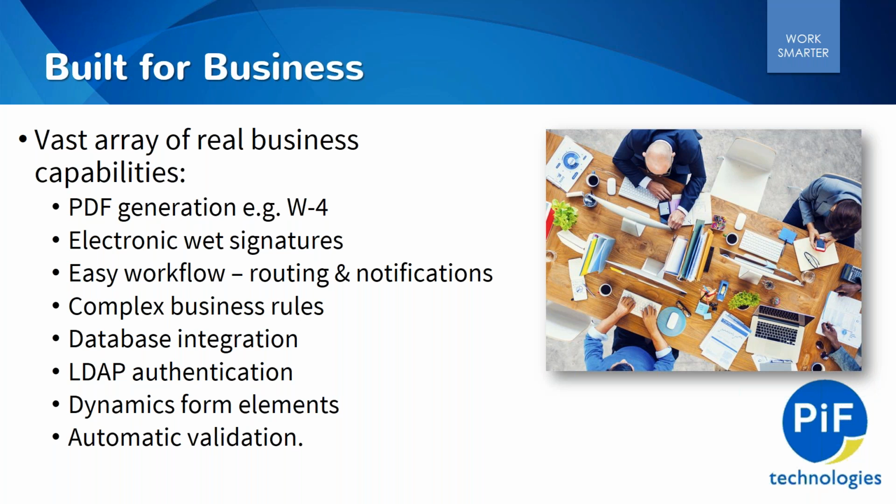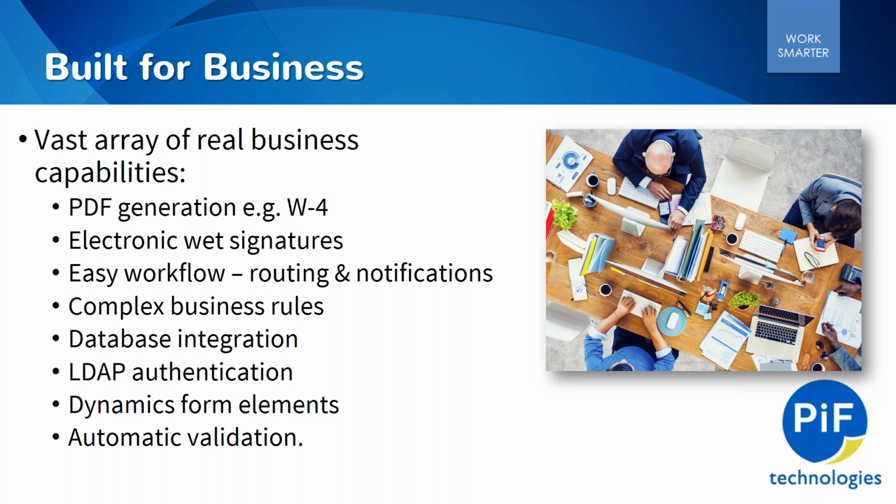Full dynamic form elements. What I mean by that is if you, for instance, answer a question, am I 18 or older? If I hit yes on that, it might show me an input box that might be a little bit different than if I hit no. So full dynamic capabilities. You might be used to that with the office use only on a paper-based form, where that's there because you don't want the end user filling it in, but you don't have much capability to hide that from somebody because it is paper.